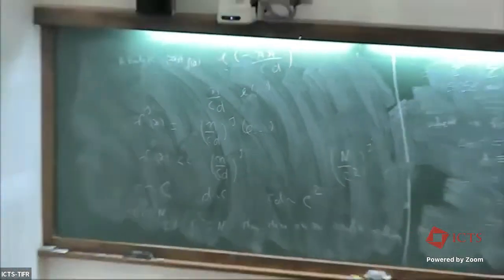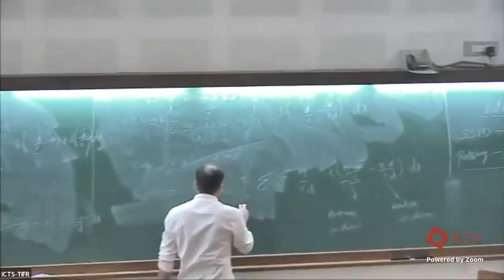C is of size capital C, so this will be of size 1 by C square.